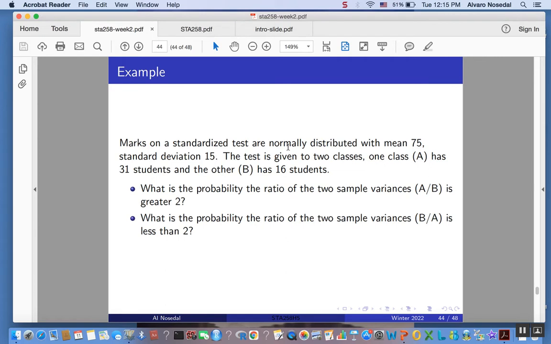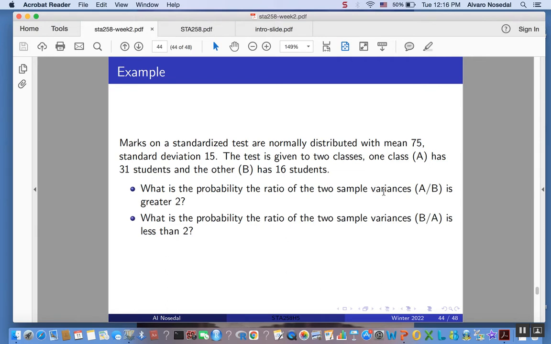That test was given to two different classes, two different sections. The first one had 31 students, the second one 16 students. And we want to say something about the variances, the ratio of the variances, to be more specific.